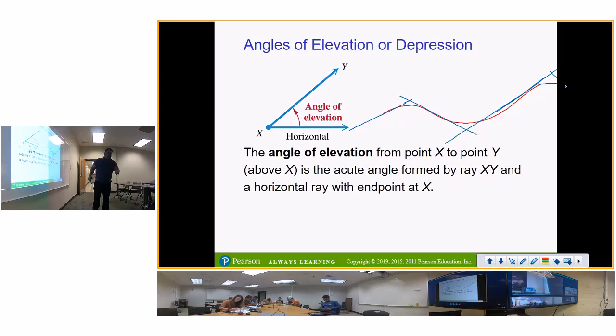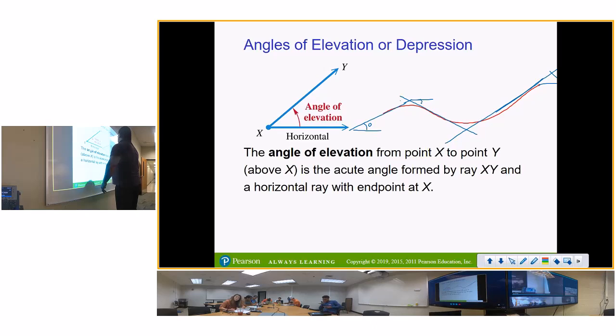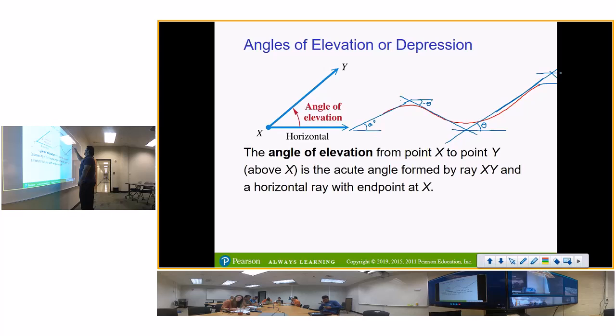So you've got to shoot this vertical angle, and then this vertical angle, which is going to be a negative vertical angle, okay? We'll just call it theta. And then this angle is a positive vertical angle. And then this angle up here is a negative vertical angle.